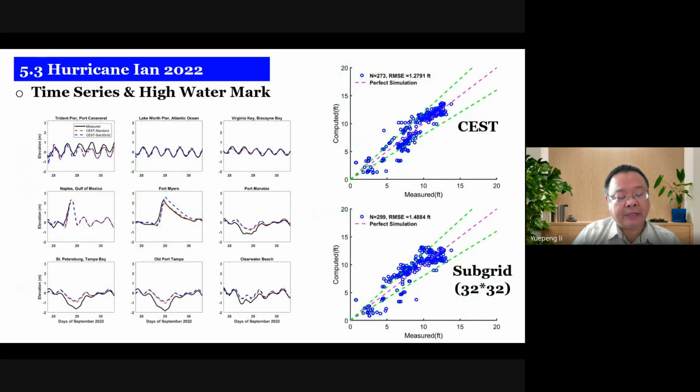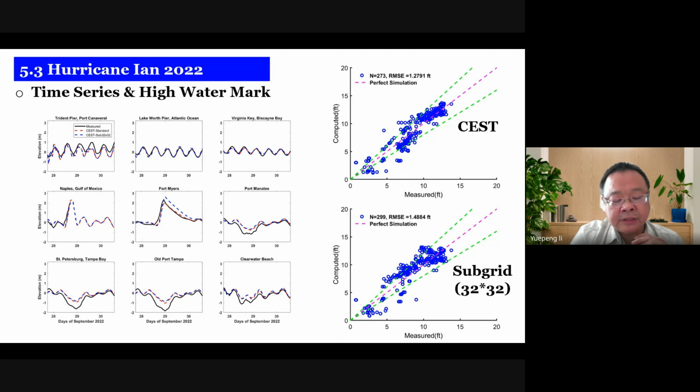It takes about 1.4 hours to finish the 3-day simulation using the original grid, and about 3 hours for the 32 by 32 subgrid computation. It's double the time.